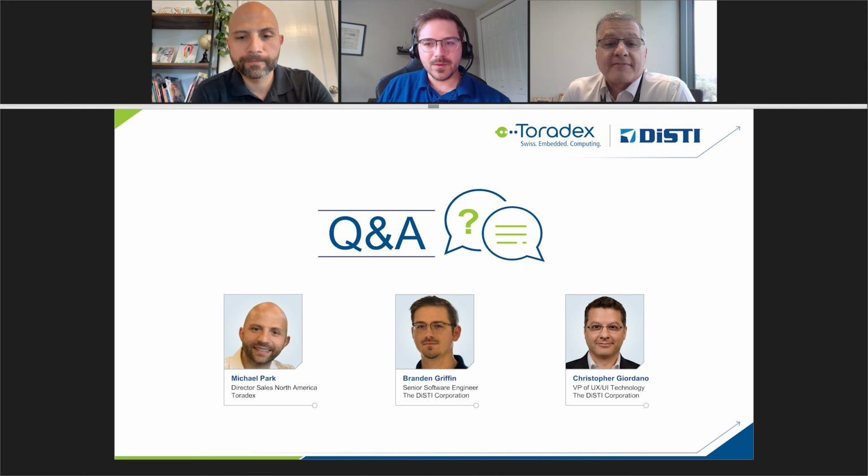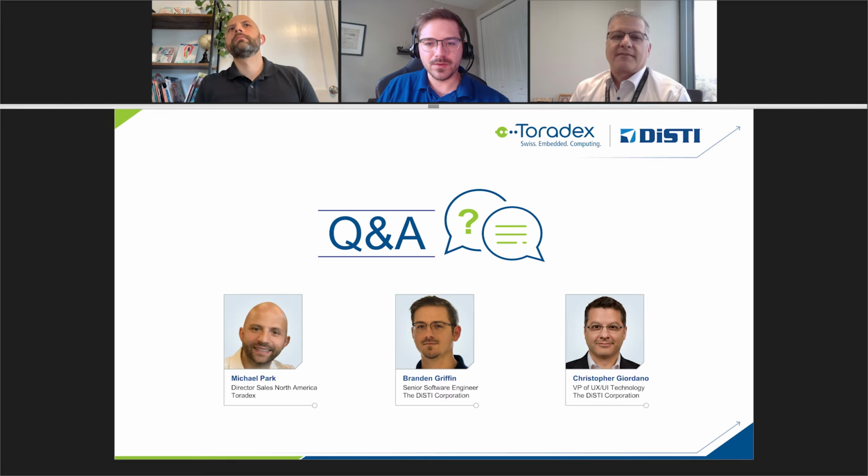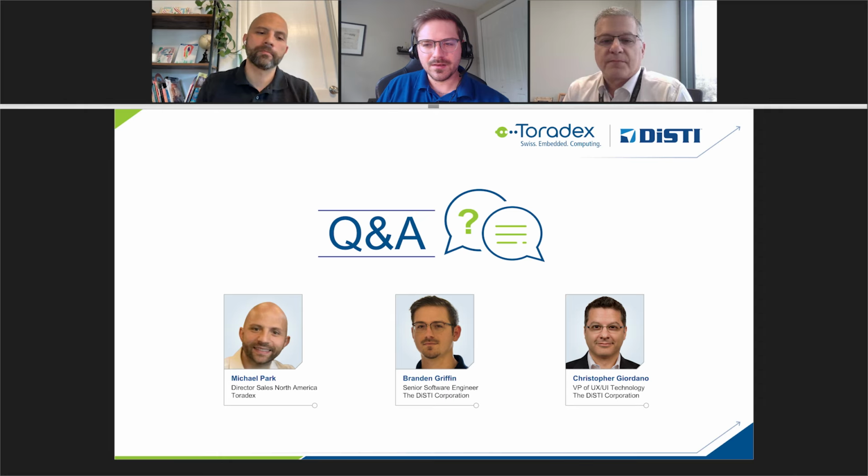We see a lot of UDP or CAN bus data you can set up a connection to. And we can generate an ICD from GL Studio that lists all of your properties, methods, and variables that you have access to. Chris, do you have anything to add to that? Yeah, no, I think you hit the nail on the head there.